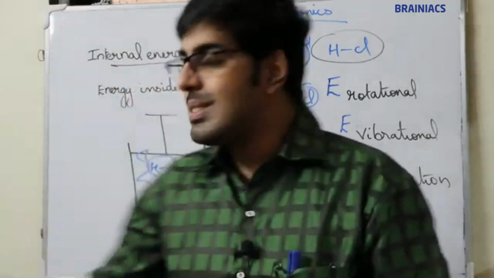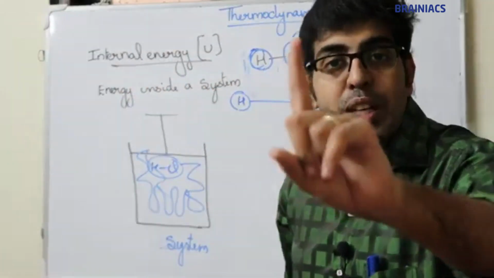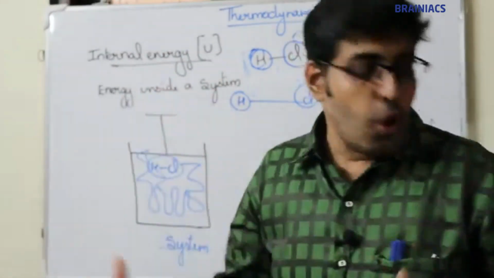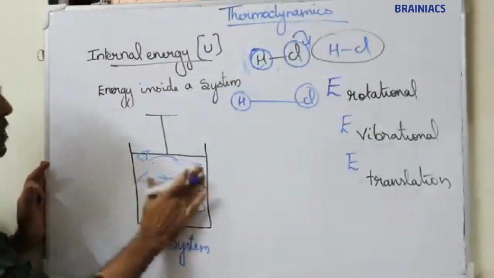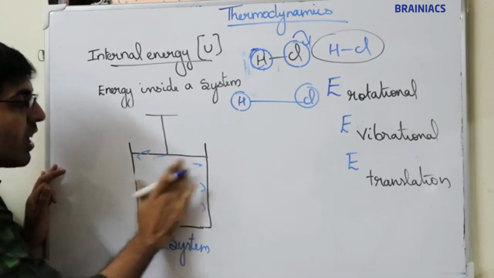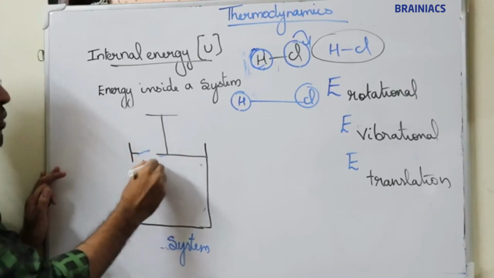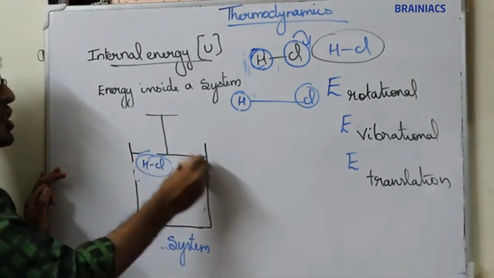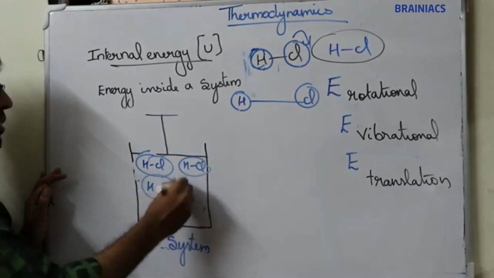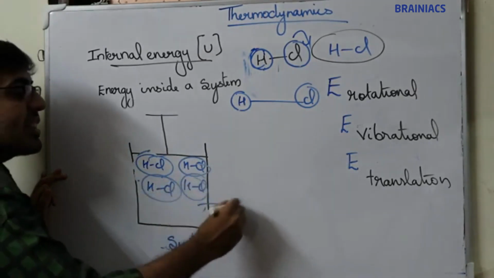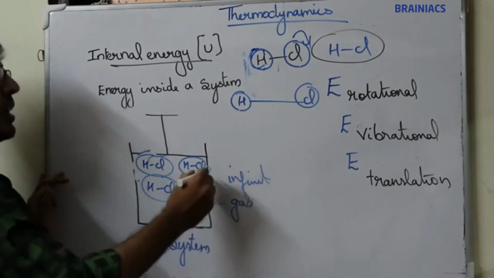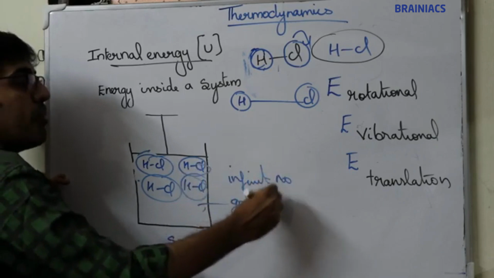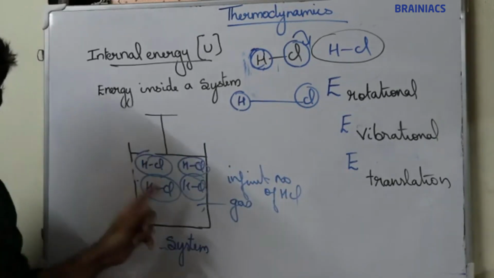Now, if you consider a system, we are not considering a single molecule, we are considering a bulk of molecules, because in thermodynamics we usually consider a bulk system. We are taking HCl gas, which consists of an infinite number of HCl molecules.